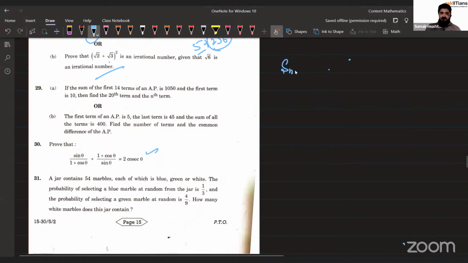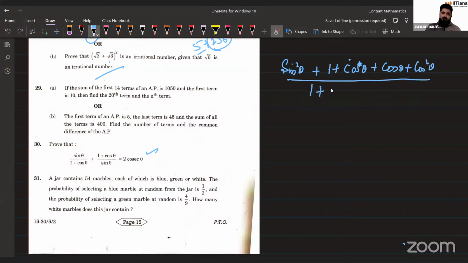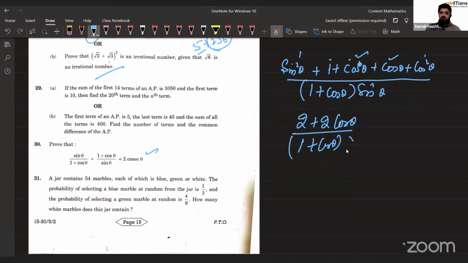This is sine square theta plus, when I multiply, 1 into 1 is 1, plus cos into cos is cos square theta. 1 into cos is cos theta plus cos into 1 is cos theta, plus cos square theta, whole divided by 1 plus cos theta into sine theta. This and this will make 1, and cos and cos is 2 cos theta. That is 2 plus 2 cos theta divided by 1 plus cos theta into sine of theta.